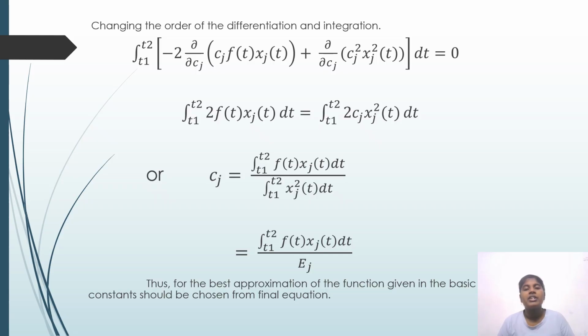Changing the order of differentiation and integration, we get the integral from t1 to t2 of minus 2 f(t) xj(t) dt plus the integral from t1 to t2 of 2 cj xj square of t dt equals 0. So cj equals the integral from t1 to t2 of f(t) xj(t) dt divided by the integral from t1 to t2 of xj square of t dt, which equals the integral from t1 to t2 of f(t) xj(t) dt by Ej.